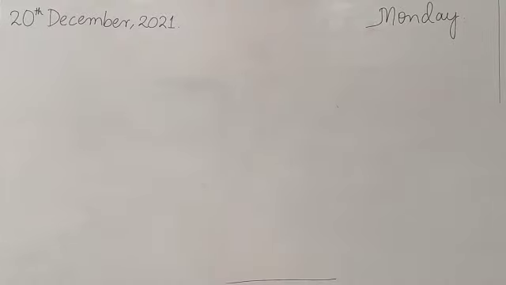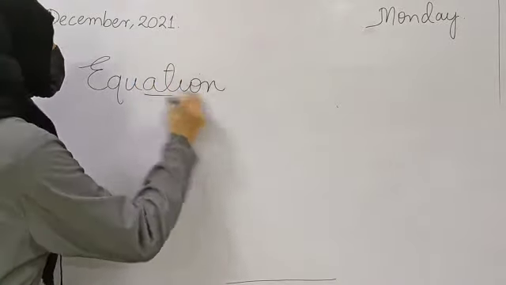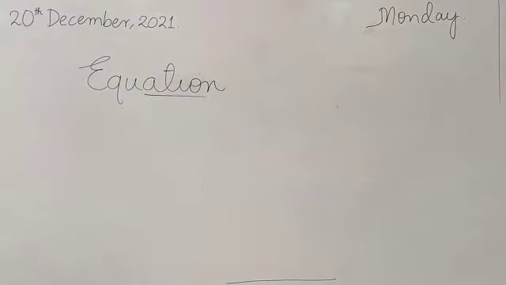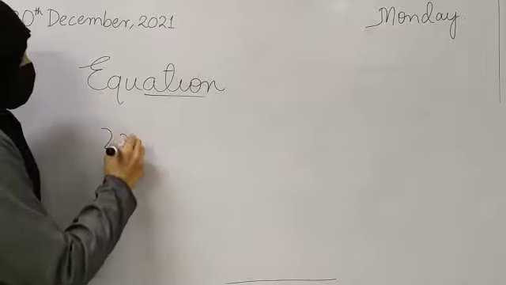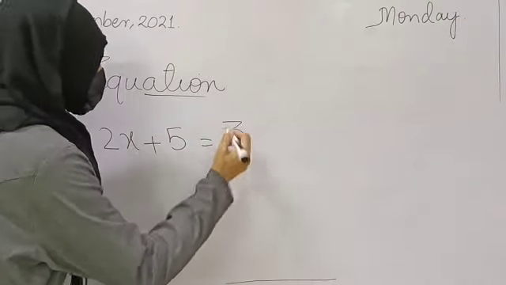Let's recall the concept. Tell me what is an equation? A combination of variables and some constant numbers that is having equality sign, that is called an equation. For example, I am writing 2x plus 5 is equal to 3.